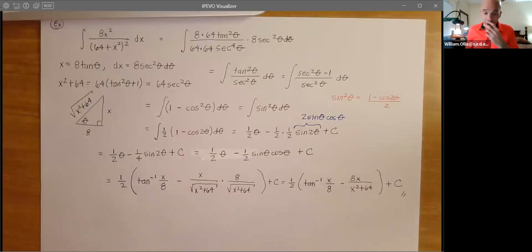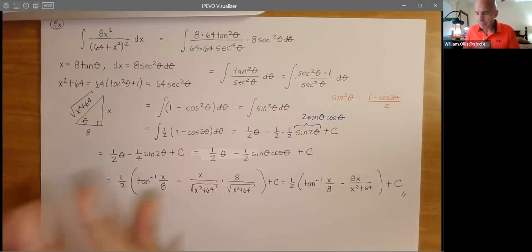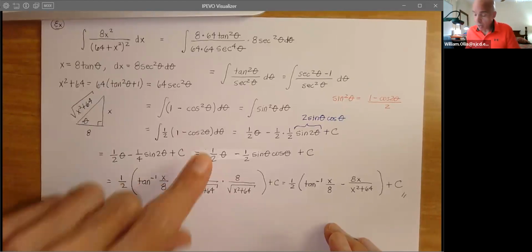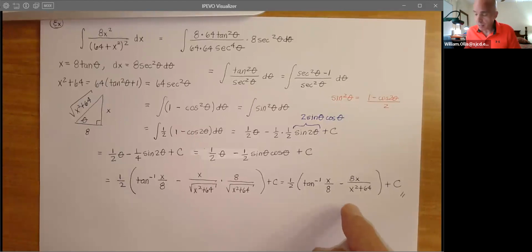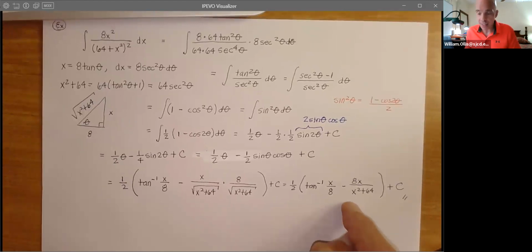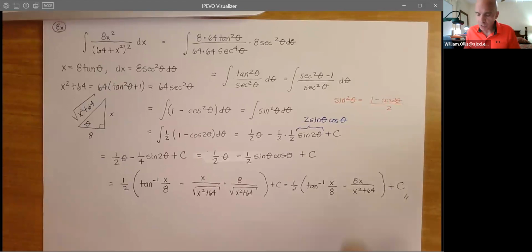So again, when you look at these types of problems, you don't really look at this and say, oh, that's the antiderivative. As we get more elaborate with how we work on antiderivatives, it's less obvious that this is actually an antiderivative. So really what you have to do is go back and check your work and make sure that you got everything right.